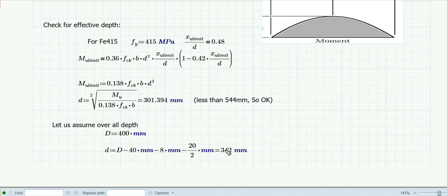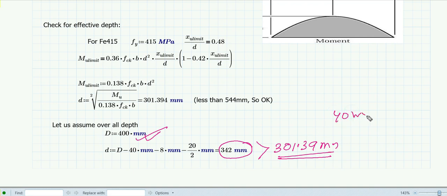As we have assumed the overall depth as 400 mm, the effective depth becomes 342, which is more than the required effective depth, 301.39. The difference is now limited, only about 40 mm, so it will be economical. But there is always a risk.